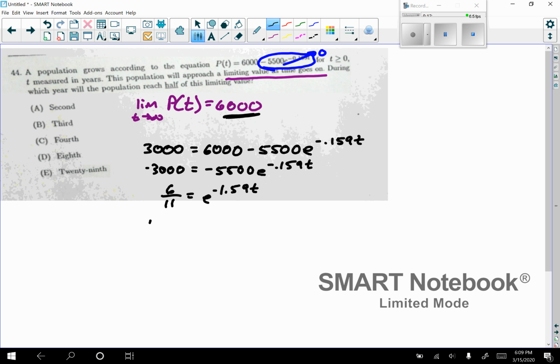Take the natural log of each side. Oh, 0.159.